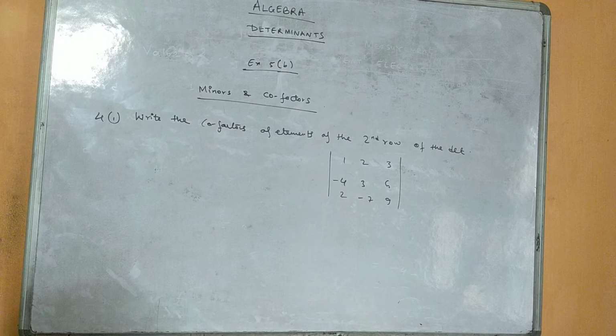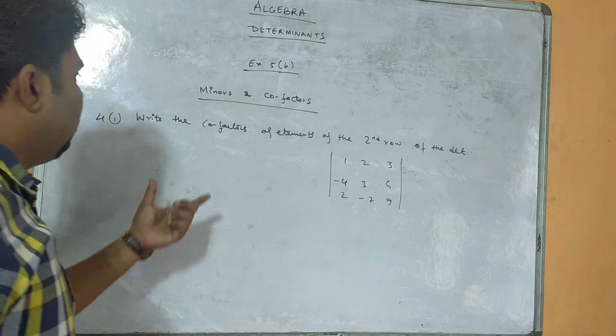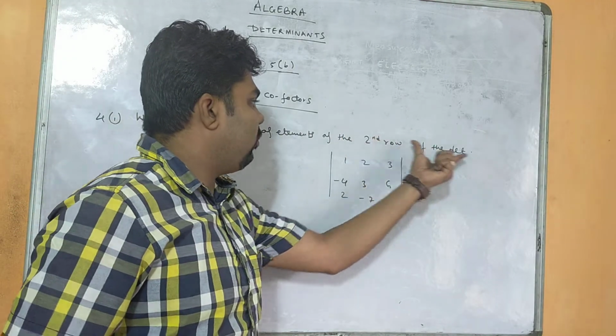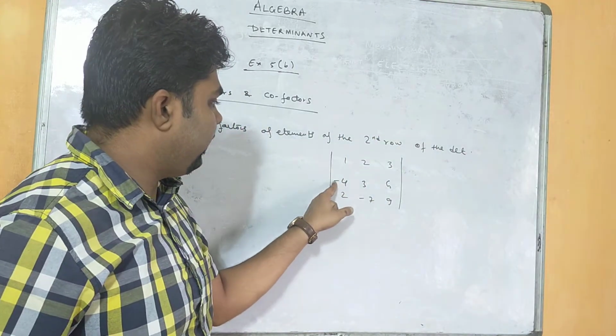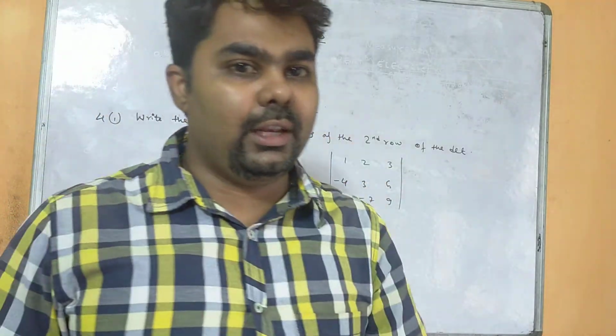So for the cofactors of the elements of the second row of the determinant, that means this row, -4, 3 and 6, we have to find the cofactor of each and every element.